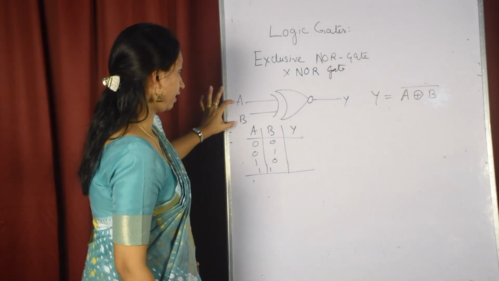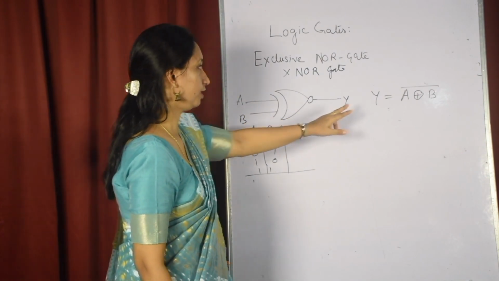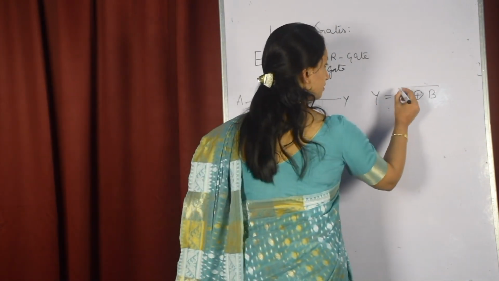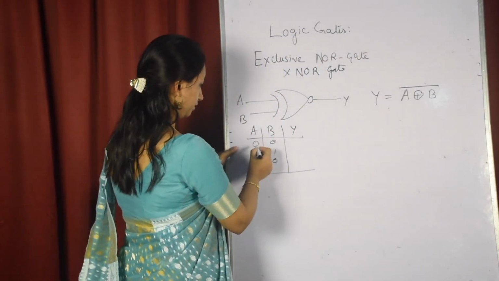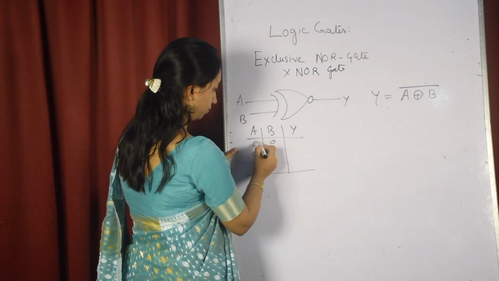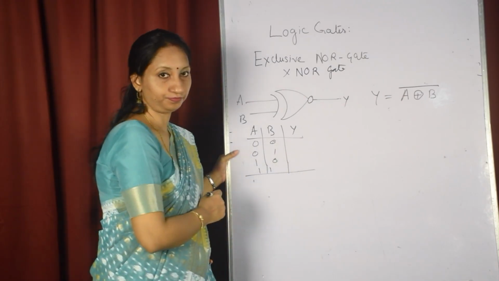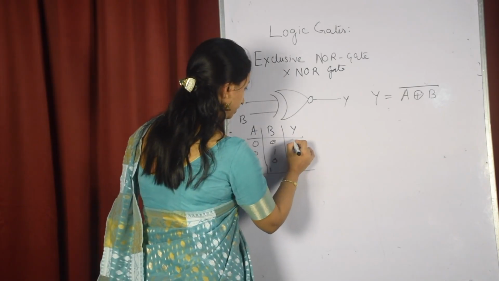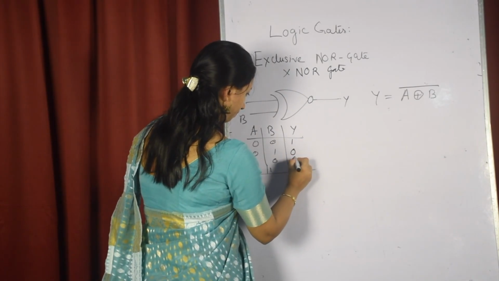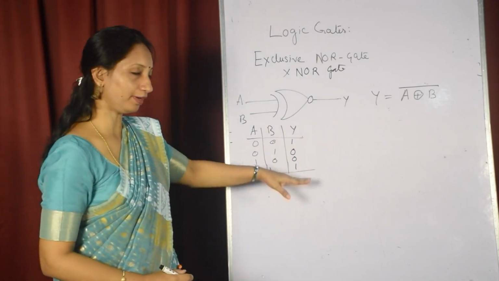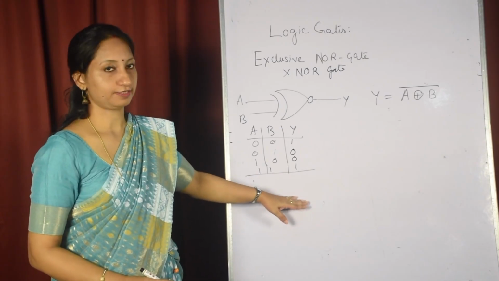So here A and B are the inputs of the exclusive NOR gate, and the output is the complement of the exclusive OR gate. So if input is 0 0, 0 1, 1 0, 1 1, the output is high when both the inputs are same. So the output is the complement of the XOR gate.